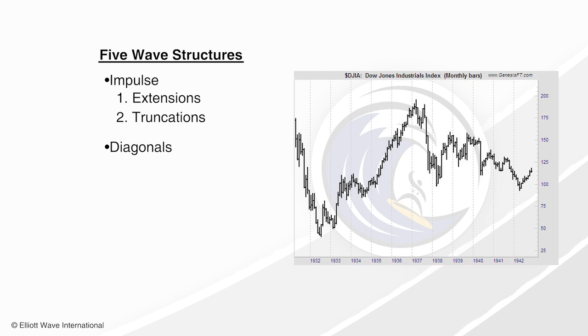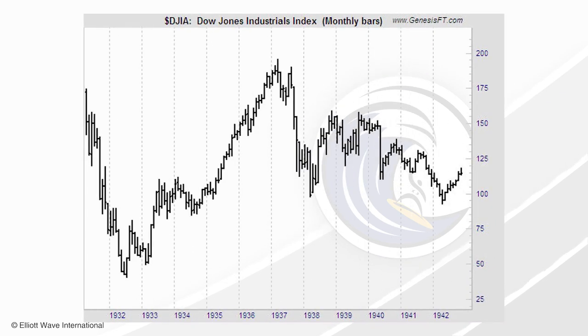This is a chart of the Dow Jones Industrial Average from the early 1930s to the early 1940s. If we focus in on this low at 1932, we can see an impulse wave, 5 waves up to 1937. Here's waves 1, 2, 3, 4, and 5. Wave 5 is an extension.